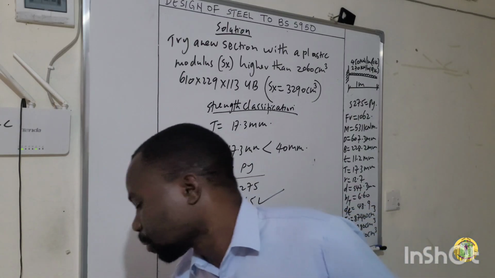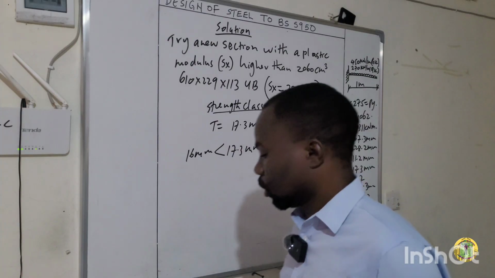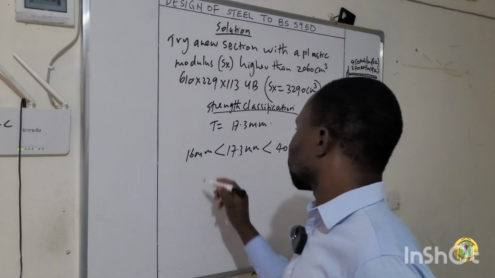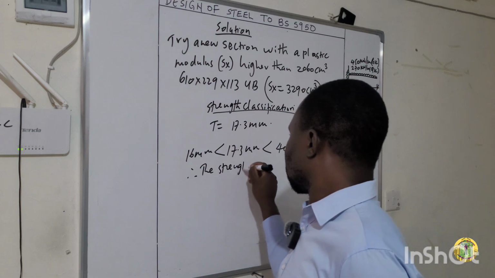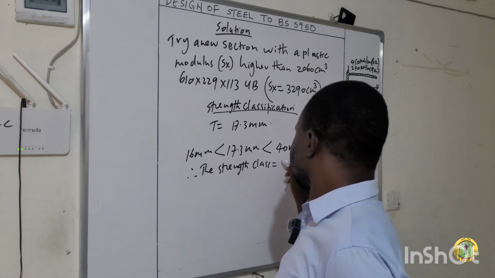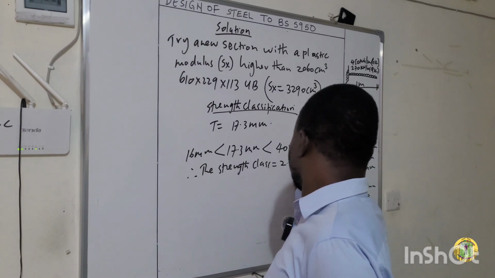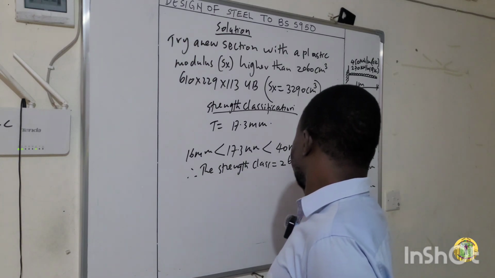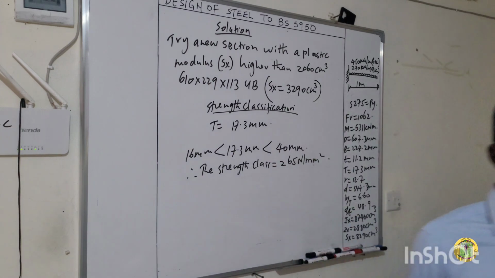Therefore, the strength class is equal to 265 Newton per millimeter square.